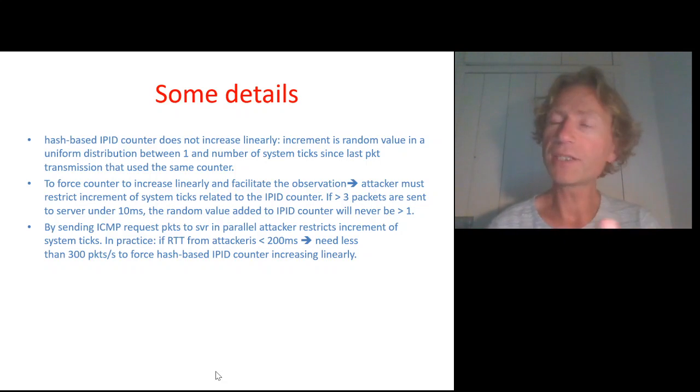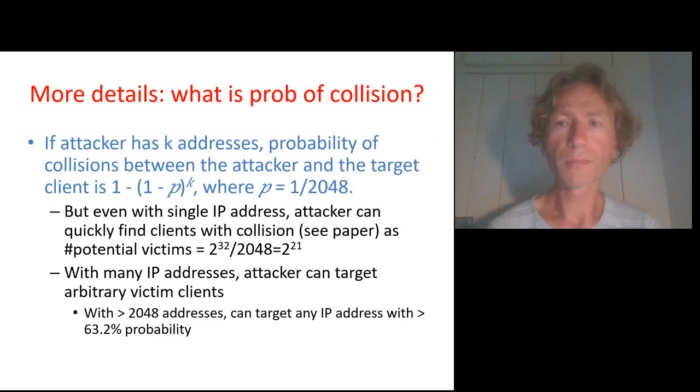By sending ICMP request packets to the server in parallel, the attacker is able to restrict the increment of the system ticks. In practice, if the round trip time from the attacker is 200 milliseconds, we need less than 300 packets to force this linear increase. So that's definitely doable.